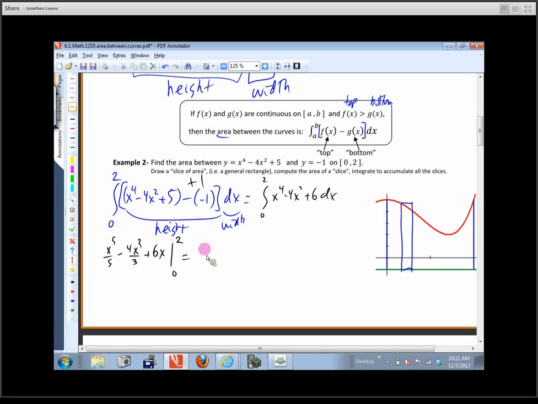So this is going to be 2 to the 5th over 5 minus 4 times 2 to the 3rd over 3 plus 6 times 2, and then minus, what do I get when I plug in a 0? I get a 0. So I'm going to have 32 fifths minus 32 thirds, and then plus 12.